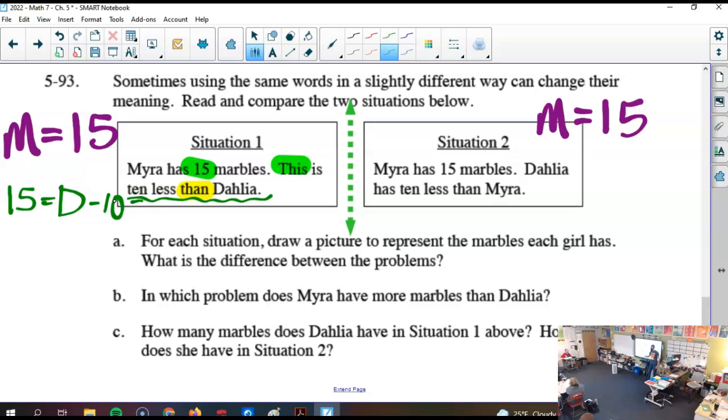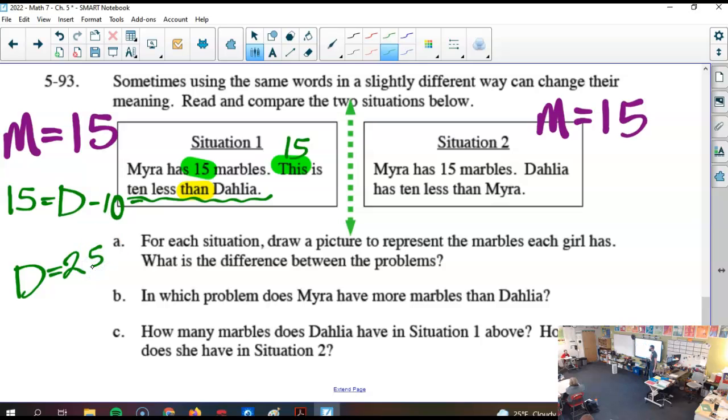If 15 is what Dahlia had after we took 10 away, how many did Dahlia have? She had 25, because this 15 is 10 less than what Dahlia has. So Dahlia must have 25 for us to take away 10 and get 15.